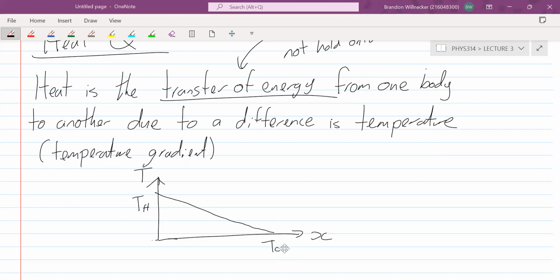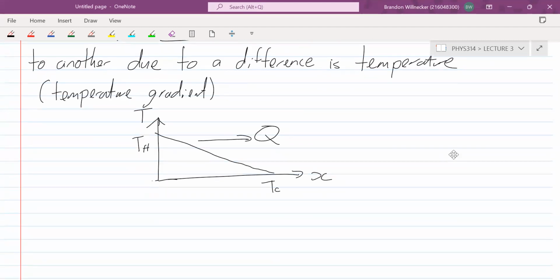In this case, we've got a constant temperature gradient. And we know that heat will flow from hot to cold. So Q will go that way across the system. Okay, so that's just the picture you need to keep in mind with this idea of heat. It's the energy transfer. So it's not a specific part of the system that holds on to heat. It's the motion of this energy going from one part to another.